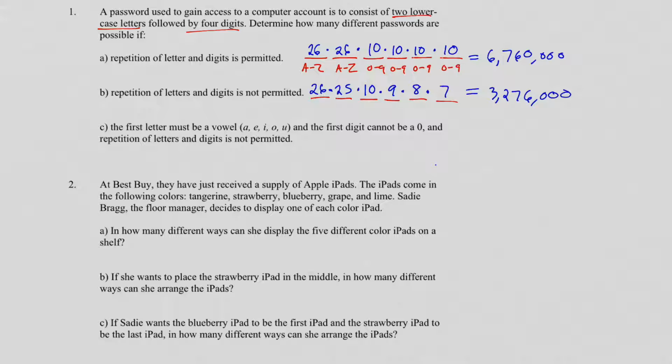Once again, we have our 6-item password here. Here's the restriction. The first letter must be a vowel, and the first digit cannot be a 0. And repetition of letters and digits is not permitted.